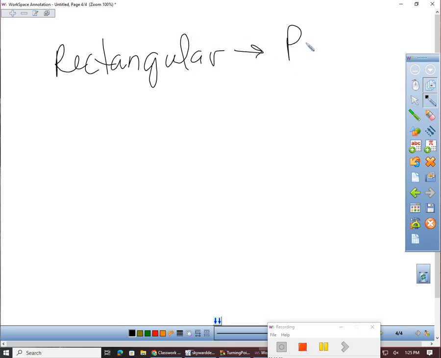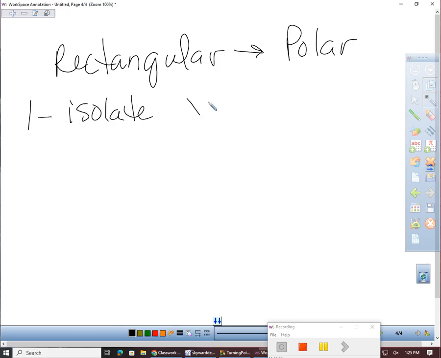All right, so let's talk about going from rectangular to polar. If we're going from rectangular to polar, that means we're switching out all x values and x squared plus y squared values. So if there are x squared and y squared, we want to first isolate x squared plus y squared.